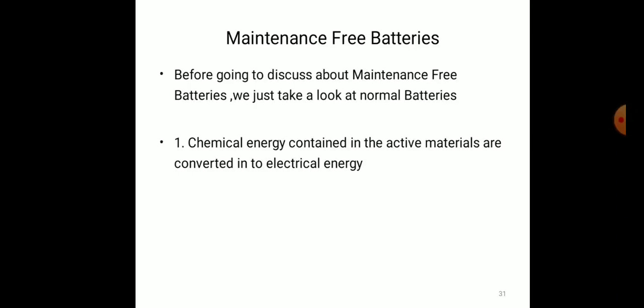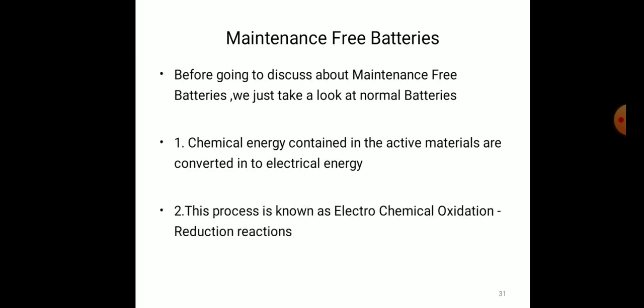So what is the advantage of the maintenance free batteries, and where are we using them? Now we are going to discuss that. Before that, we just look at normal batteries, since maintenance free batteries can be compared with normal batteries.